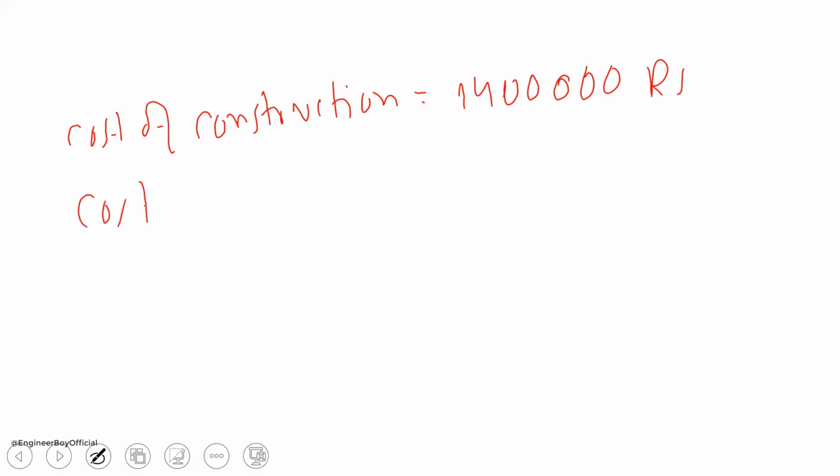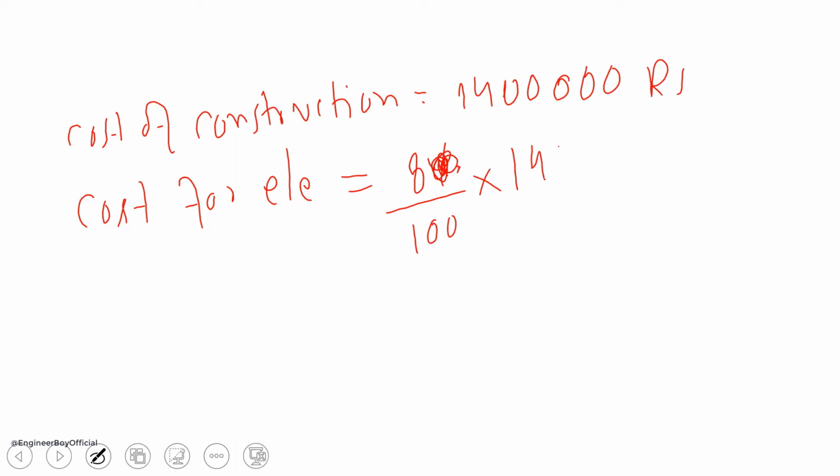The cost for electricity is 8%. Now 8%, we always just remove the percentage sign, and that's why we divide by 100, and multiply by the total cost of construction, which is 1400 and 3 zeros.